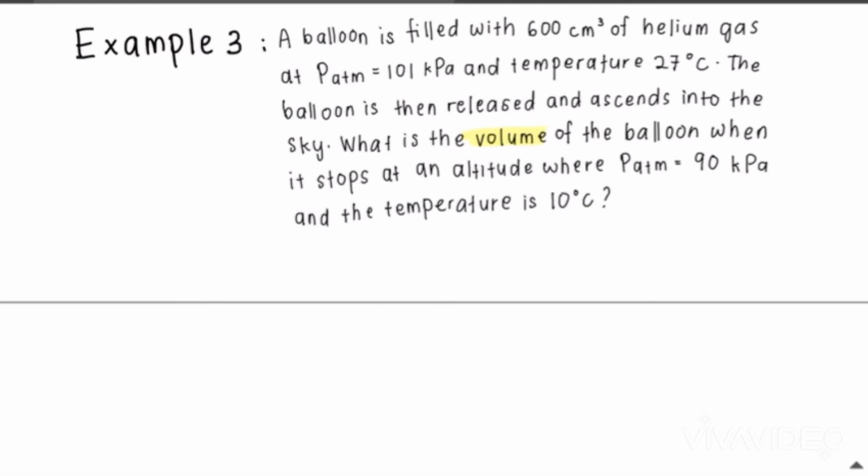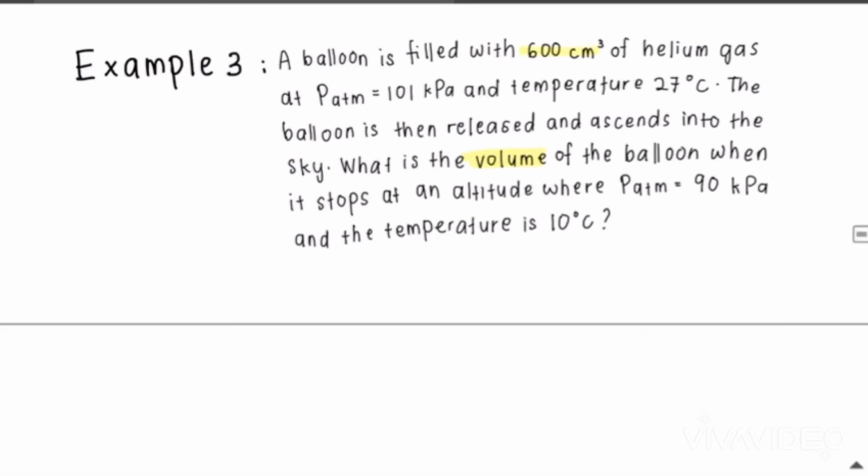Okay, so we highlight the keywords, which is 600 cm³. We know that it is the volume. And then atmospheric pressure, it is the P1. Okay, the 600 cm³ is the V1. And temperature of 27 degrees Celsius is the initial T1. Okay, and then the balloon is then released.